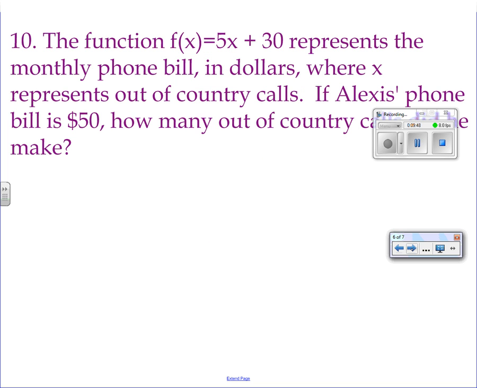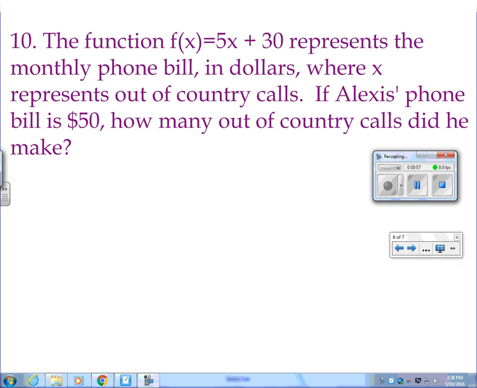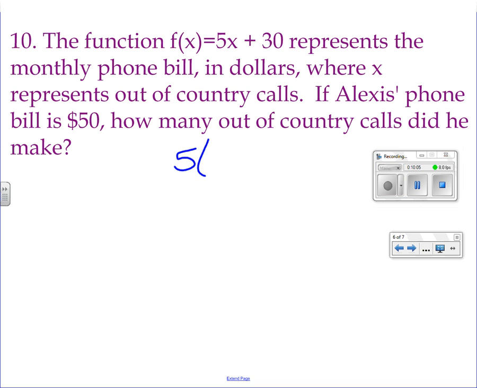The function f of x equals 5x plus 30 represents the monthly phone bill in dollars, where x represents out-of-country calls. If Alexa's phone bill is $50, how many out-of-country calls did he make? If you set up your frame, remember to not just automatically plug in numbers.